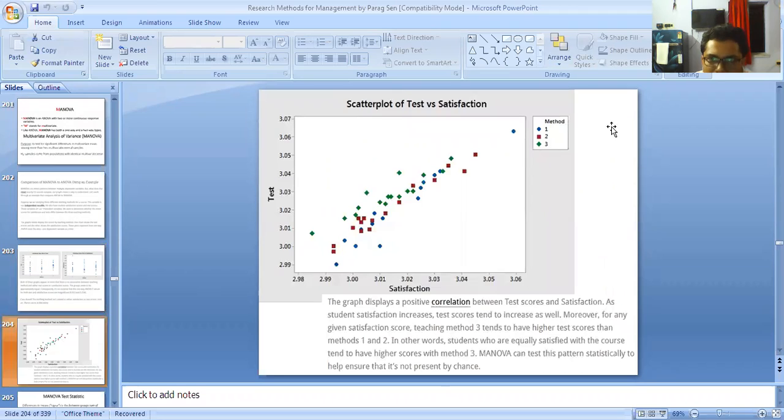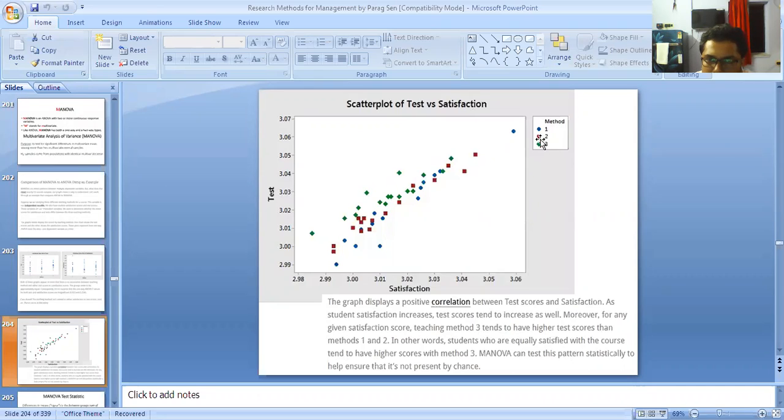So this is the next slide. Here you are plotting the satisfaction scores along the x-axis, and along the y-axis you are plotting the test scores. This is the scatter plot of test versus satisfaction, and the blue dots are representing teaching method 1.